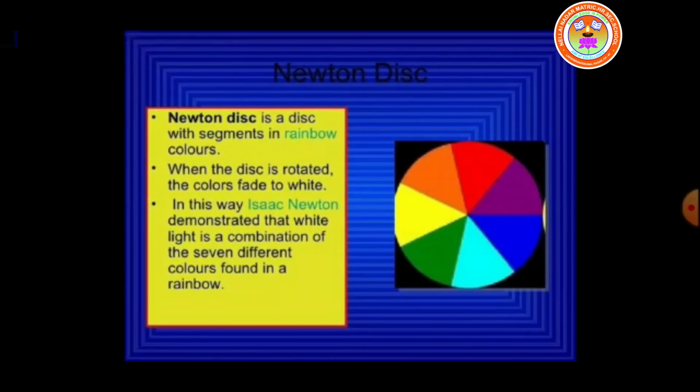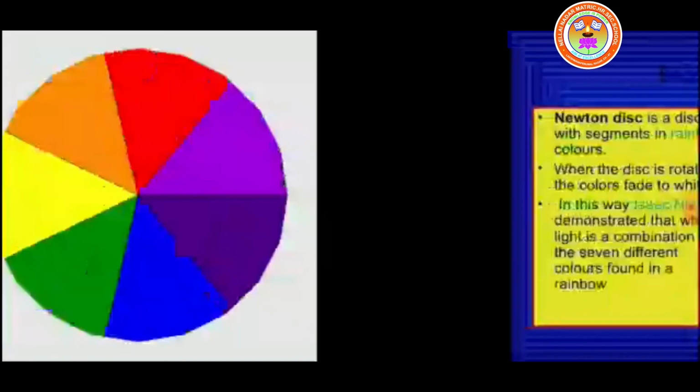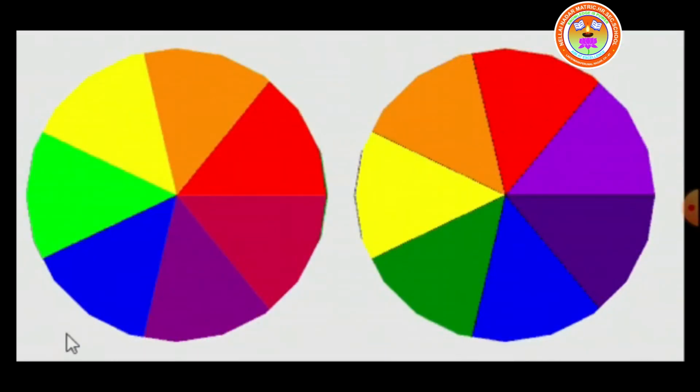When the disk is turned quickly, the retina receives the sensation of the spectrum simultaneously and the disk appears white. Using this disk, one can explain that white is a combination of VGR.